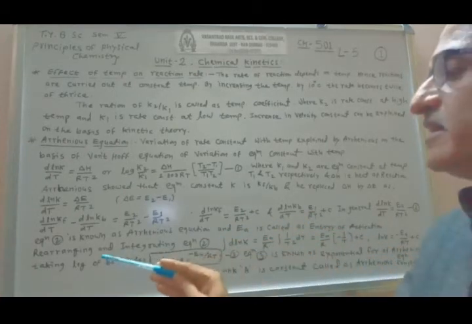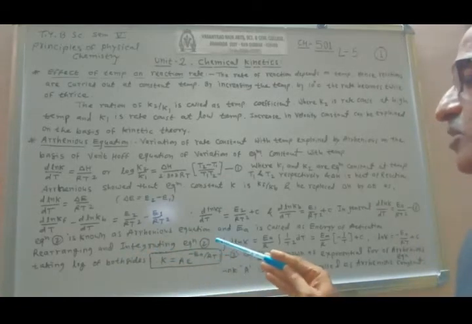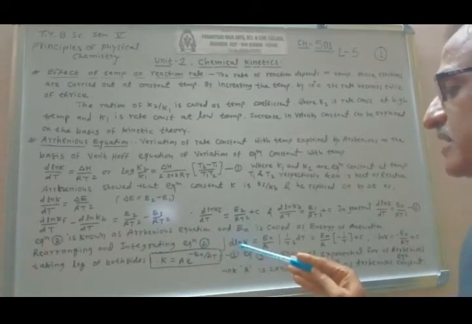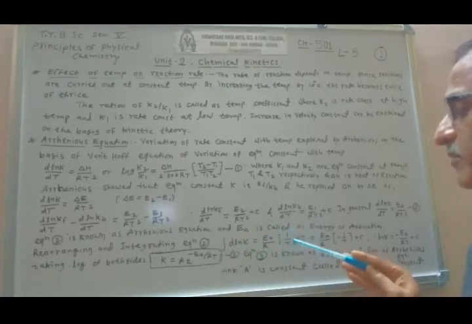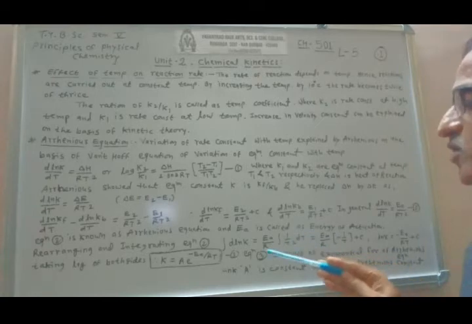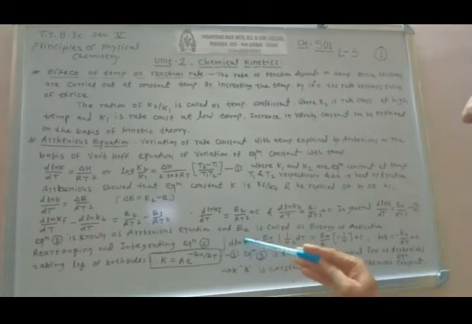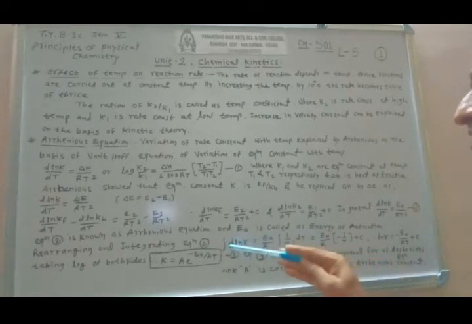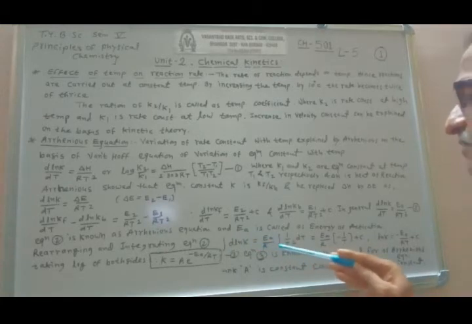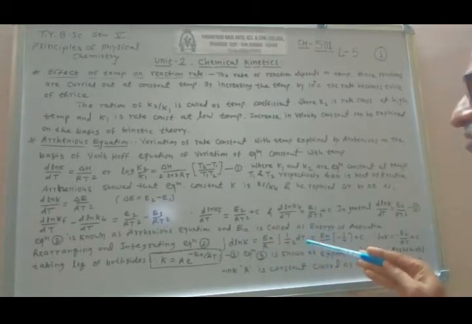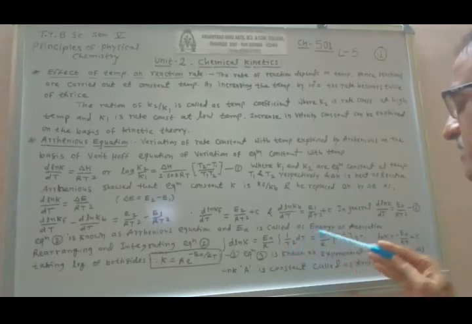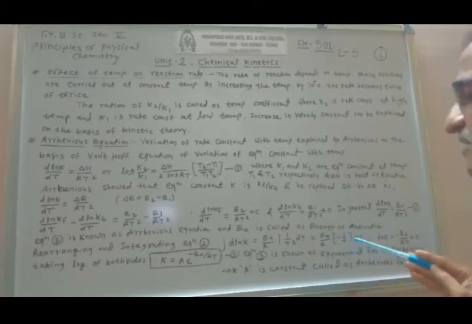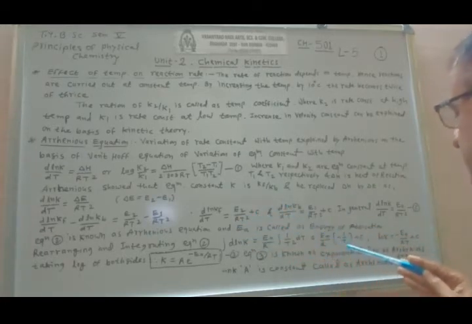Now rearranging and integrating equation number 2, we have integral d ln K is equal to Ea upon R into integral 1 upon T square dT. Integrating in this way, the integral of 1 upon T square is minus 1 upon T, plus C, where C is the constant of integration.